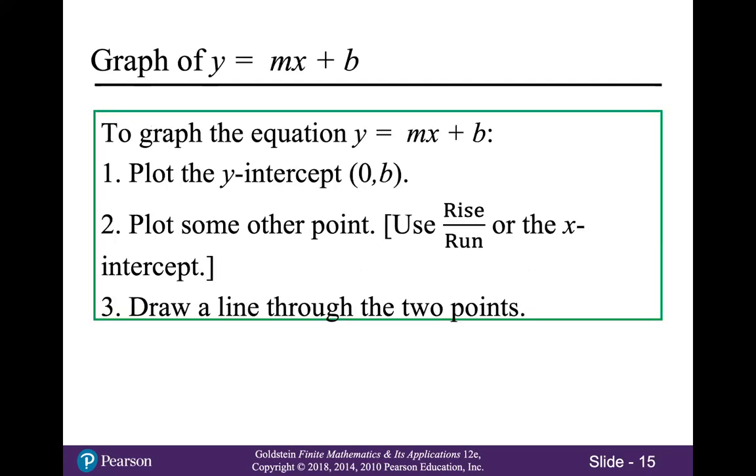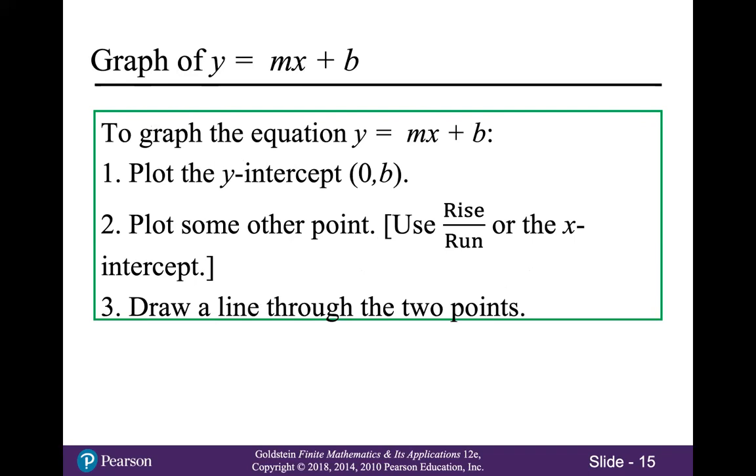All right, so to graph an equation in the form y equals mx plus b, first plot the y-intercept, which is the point (0, b), and then plot some other point. And I added a note here.